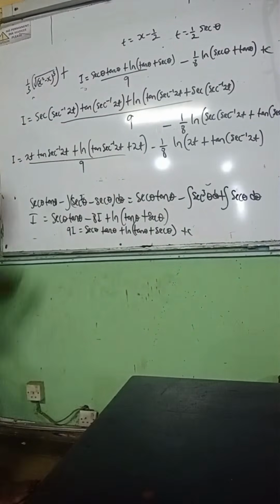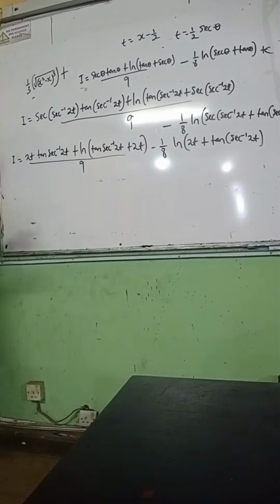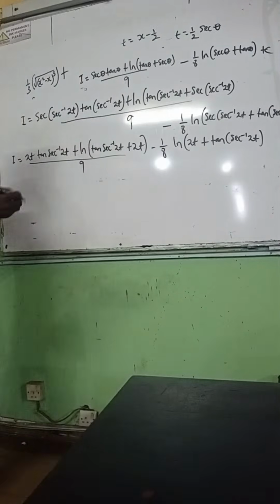So in the long run, now we are done with theta. Now let's plug in t. t is x minus 1 over 2.